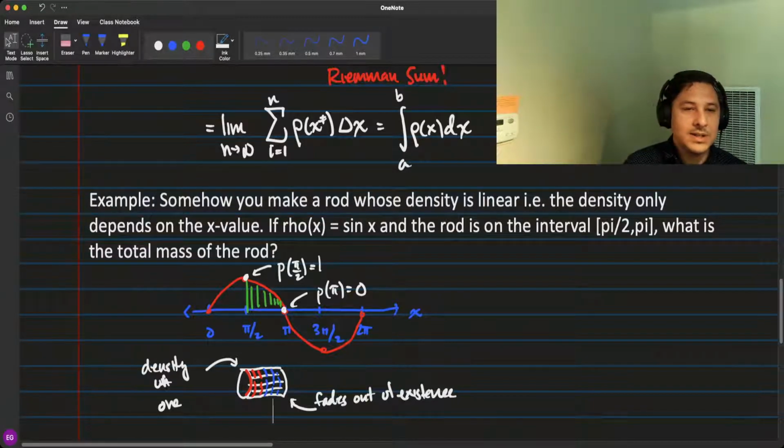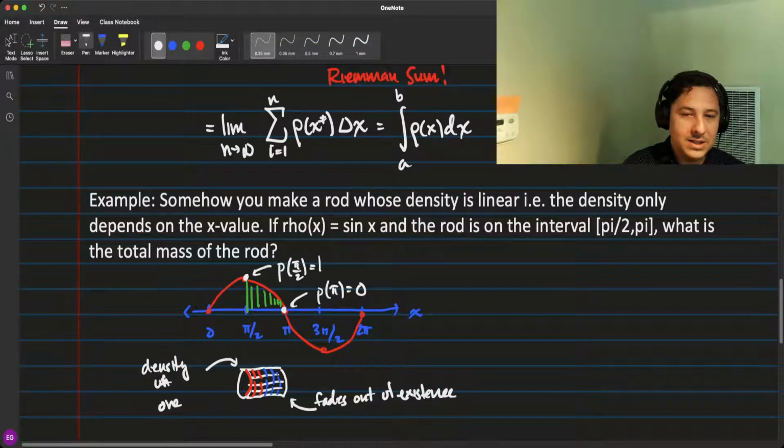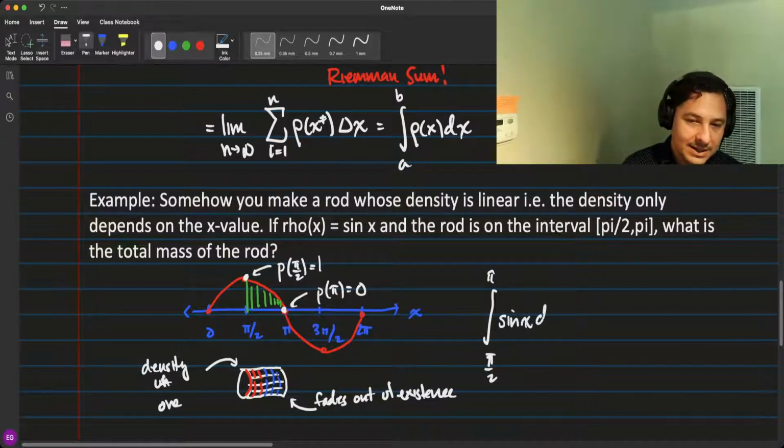Okay, cool. So basically, all we need to do to solve this, we found out, is integrate from pi over 2 to pi of our density function. Our density function is the sine of x dx.